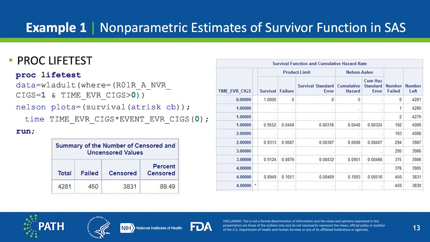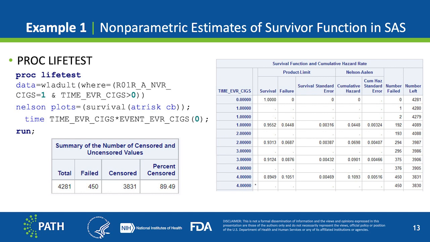The NELSON statement is to request the cumulative hazard estimates, and we can also request to output some plots. Here we specify that we would like to have the survival estimates. And the ATRISK statement requests outputting the number of survivors at certain time points. CB is to get the confidence band.